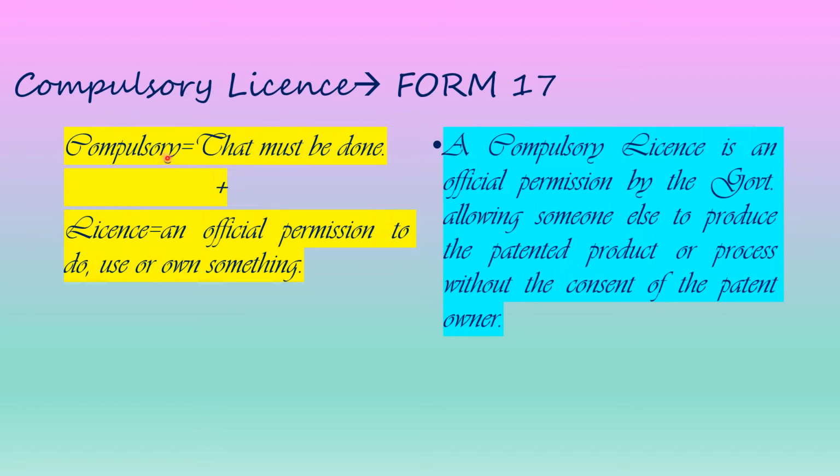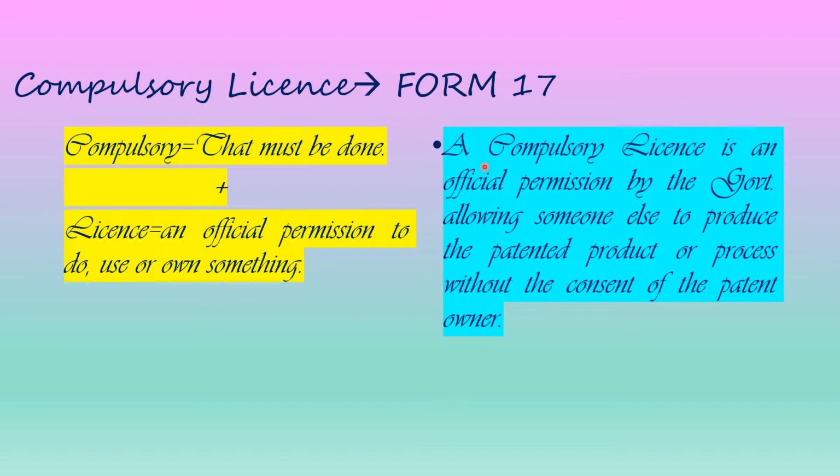Compulsory means that must be done, plus license, compulsory license. So what is the meaning of license? License is an official permission to do, use or own something. This is the literal meaning of compulsory license or compulsory licensing. Now we will see how compulsory license is defined in the world of patents.